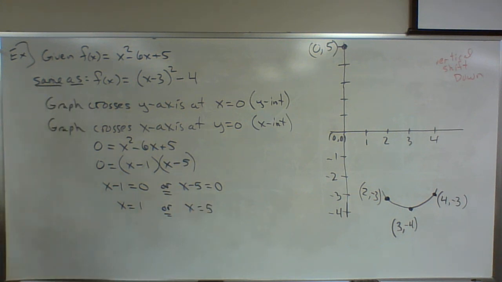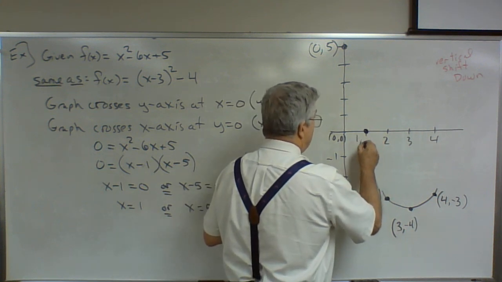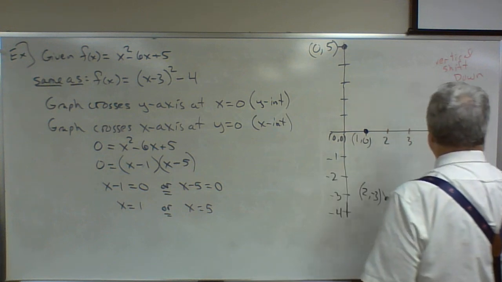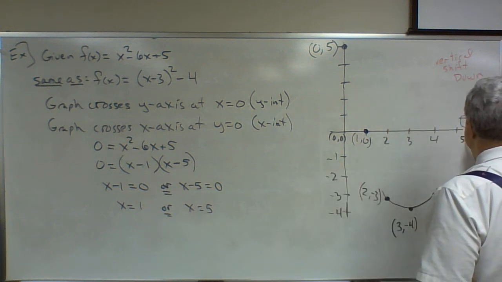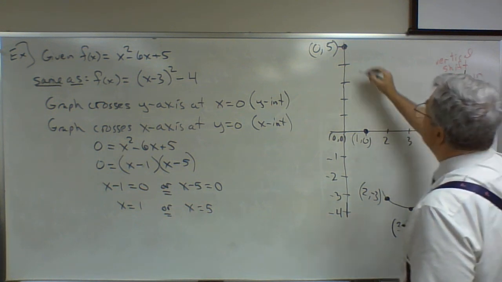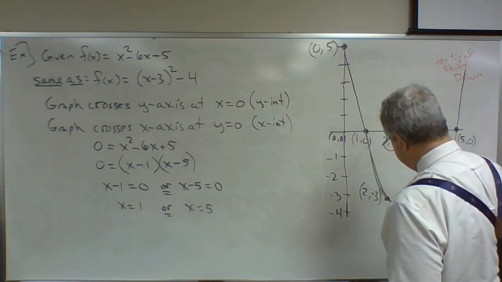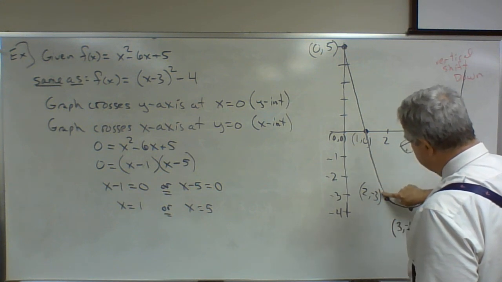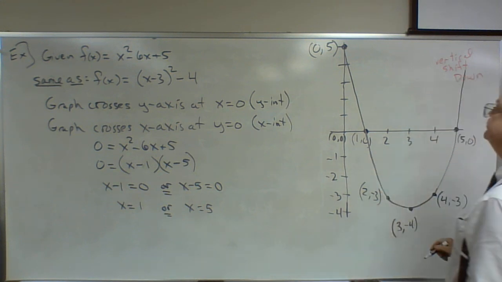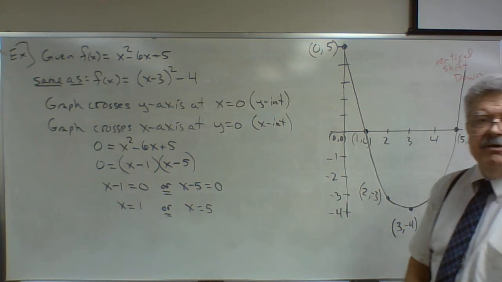Those are the x-intercepts. 1, 0, and 5, 0. And there is our graph. It shows the intercepts. It shows the vertex. I don't think we can do much better than that.